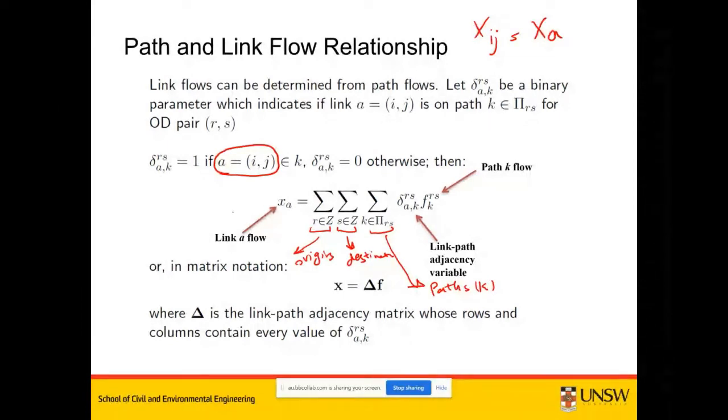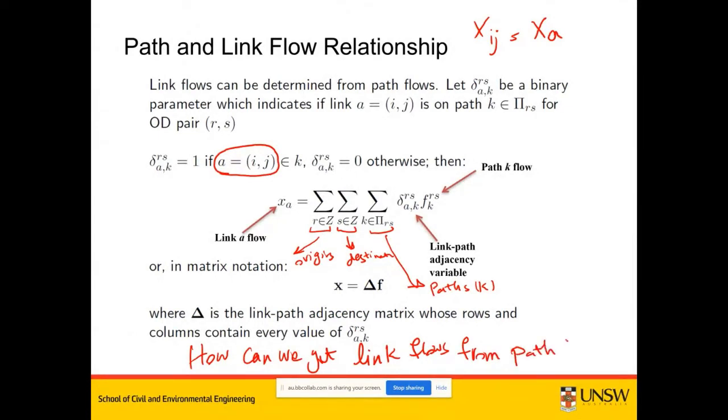And then how can we get the link flows from path flows? So the question that we want to answer here is, how can we get link flows from path flows? Okay. The answer is using the link path adjacency variable, and use this formula.